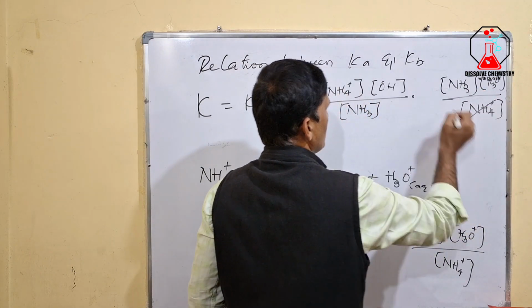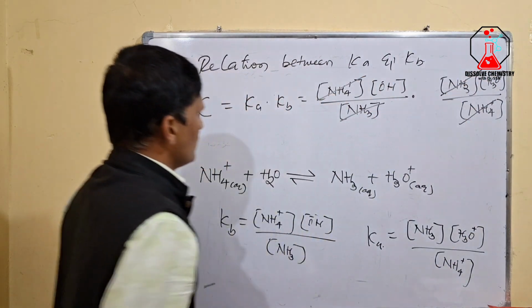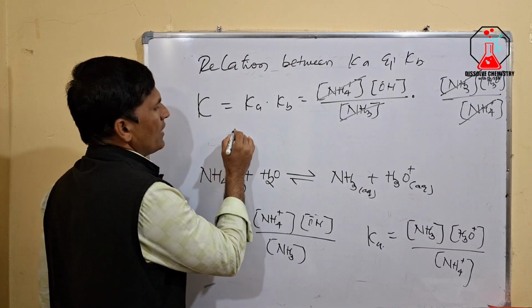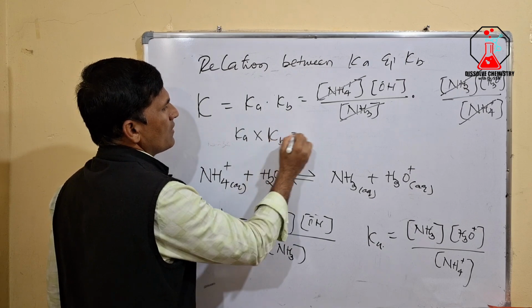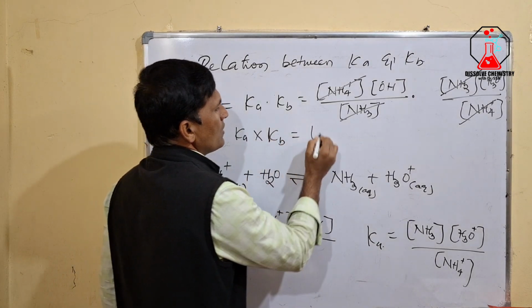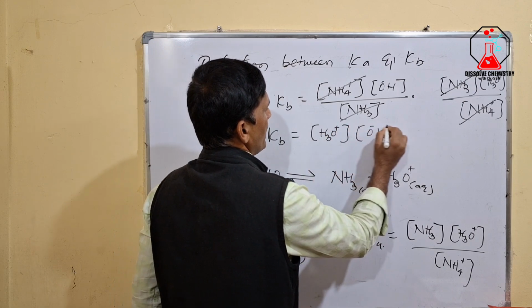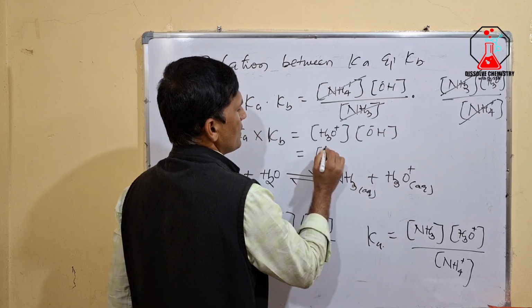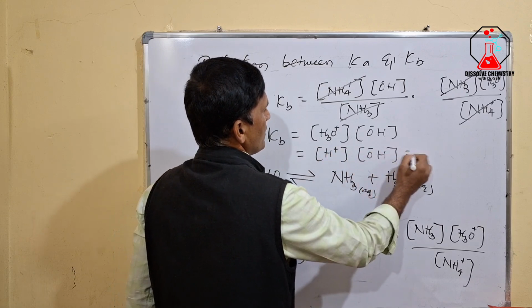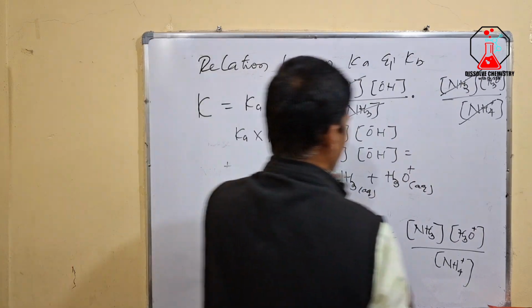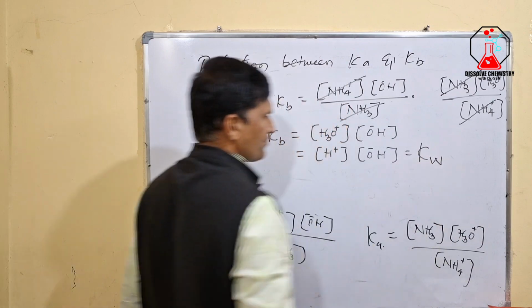Now these will get cancelled, this will get cancelled, and this will also get cancelled. So the product of Ka into Kb will be equal to H3O plus and OH minus, or we can write H plus and OH minus. This is nothing but the ionic product of water, that is Kw.